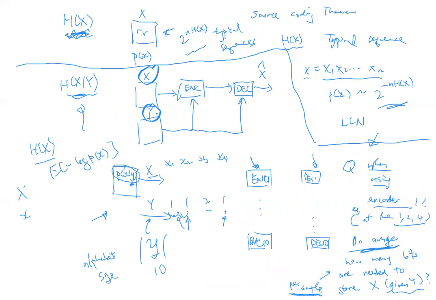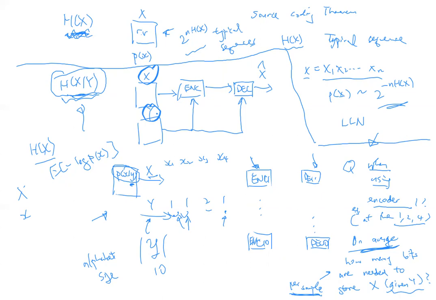Now the conditional entropy says, given Y, some helper information Y, on average how many bits are needed to store X losslessly? As I said, we can do a forward approach to show that the number of bits required will be exactly H(X given Y). That's why we call it H(X given Y). That's a very nice definition for that.